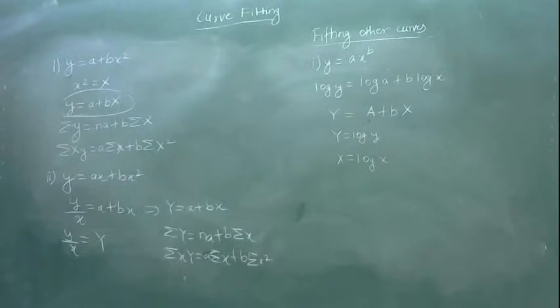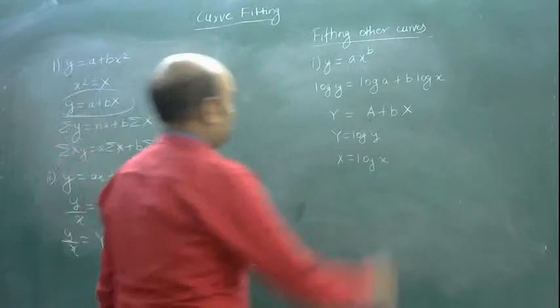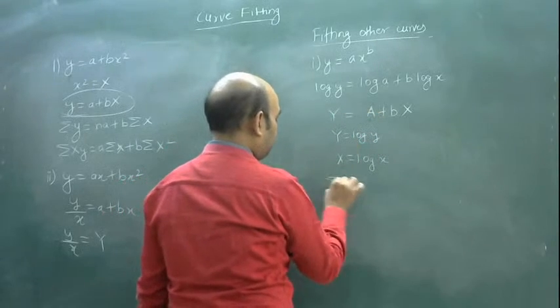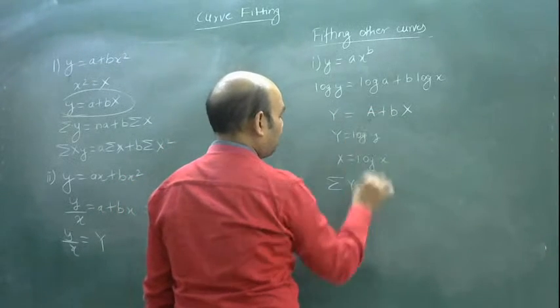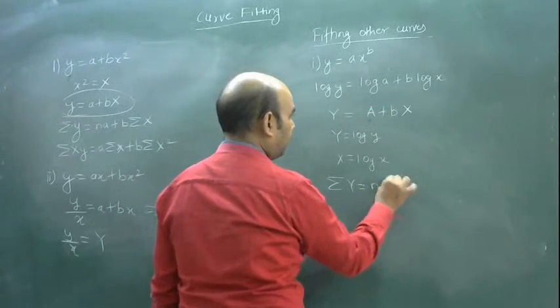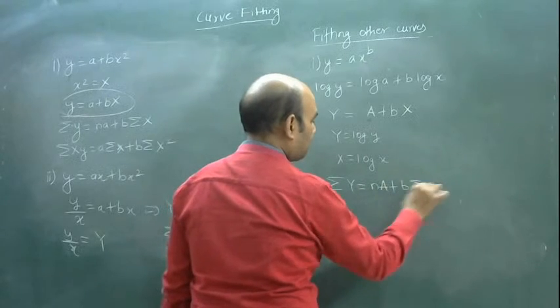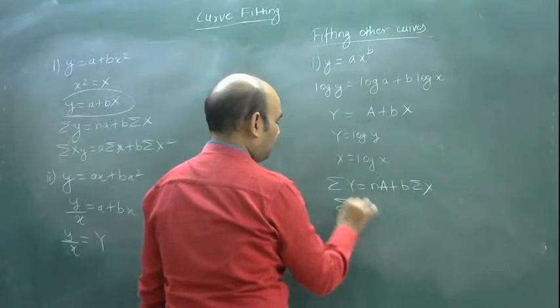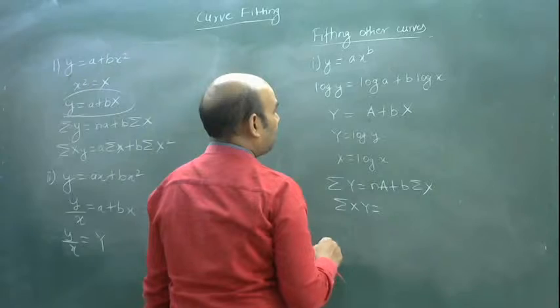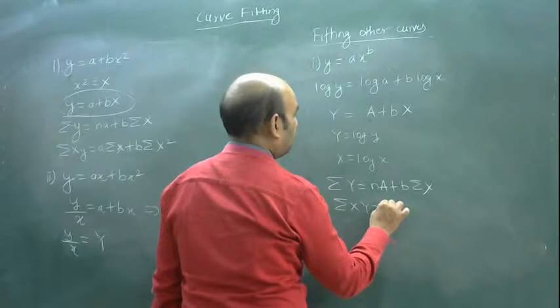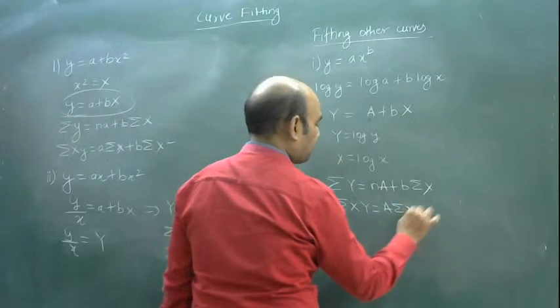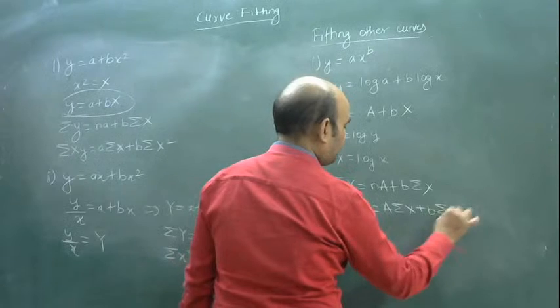So the normal equations will be: summation Y is equal to N into capital A plus b summation X, and summation XY is equal to A summation X plus b summation X square.